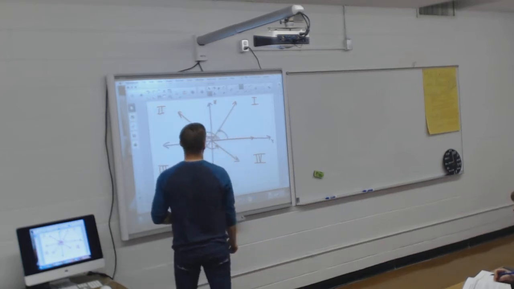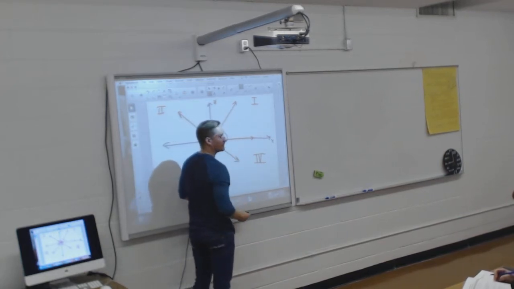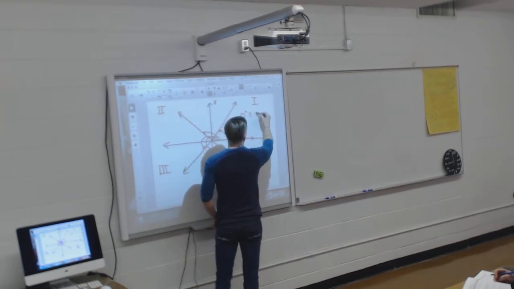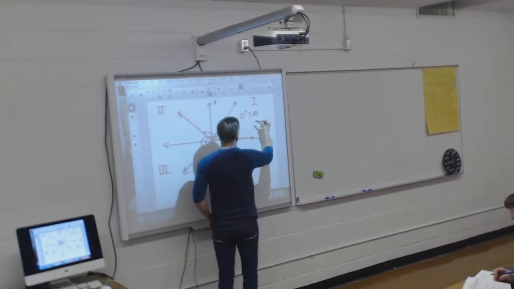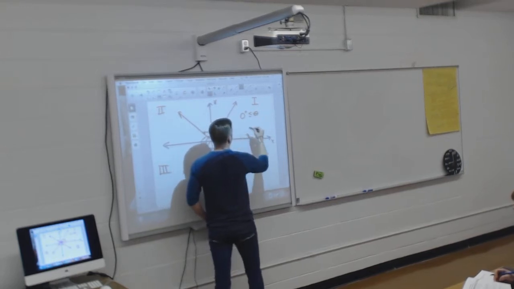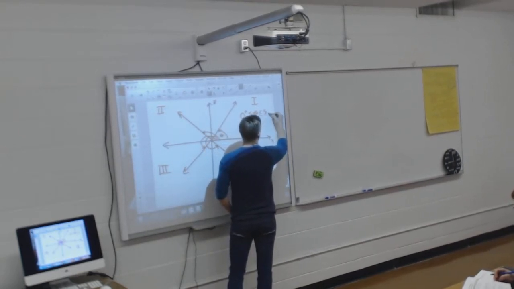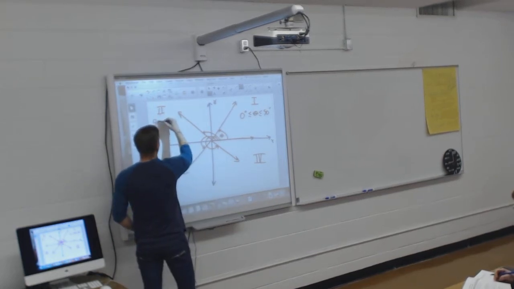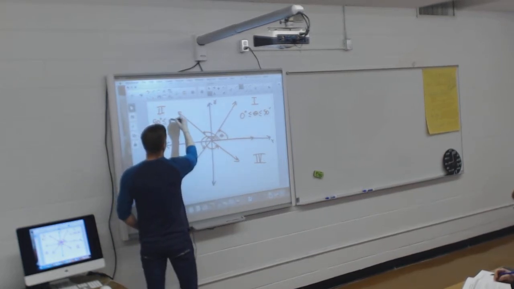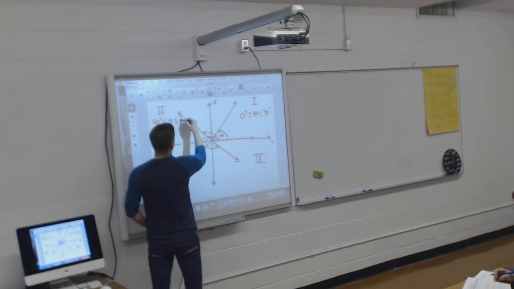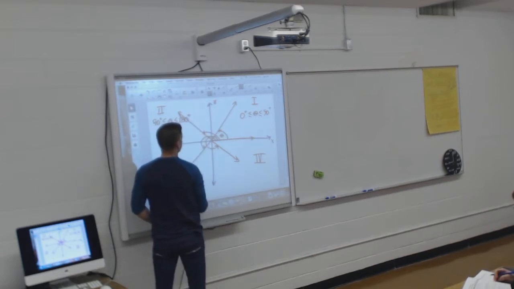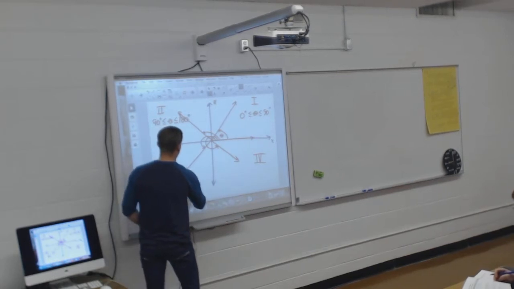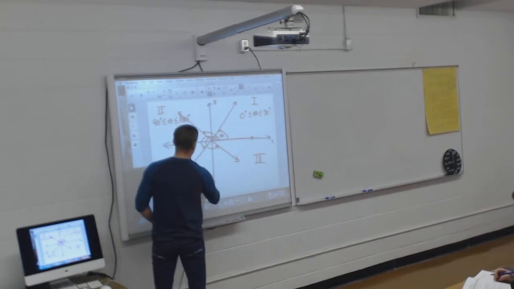The angles in the first quadrant occur between 0 degrees, we'll let the angle be theta, that's this guy right here, and 90 degrees. The angles in this quadrant will measure between 90 degrees and 180 degrees. Down here is 180 degrees to 270.